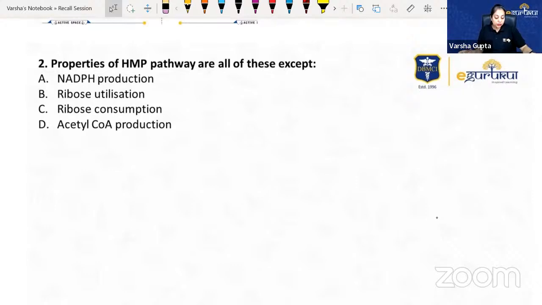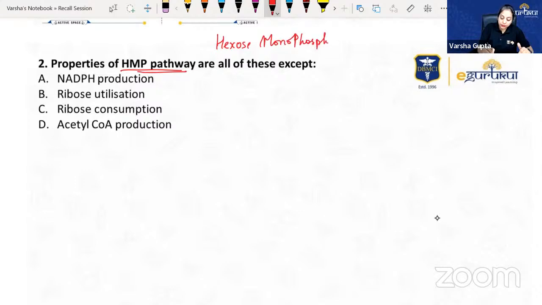Now, the next question was: properties of the HMP pathway are all of these except. HMP pathway stands for hexose monophosphate shunt. These were the choices given to you.